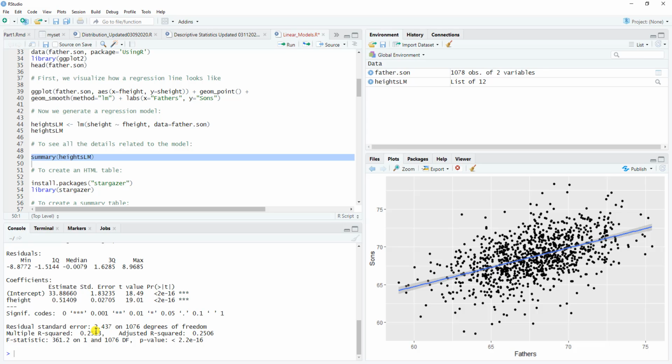The remaining 75% is all kinds of other factors that determine the height of a particular son. Maybe it's his or her mother's height. Maybe it's nutrition. Maybe it's the month when the person was born. So a lot of things. More specifically, 75% of variation in Y is unexplained, and only 25% is explained by our model.